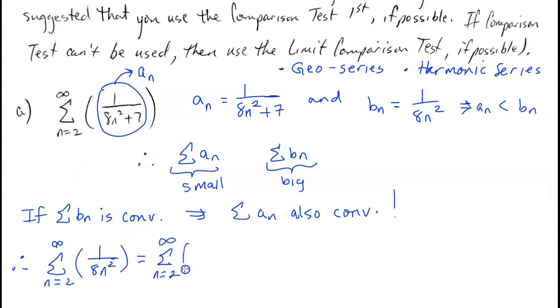So here, I know that this is going to look something like this. And I know I could factor out a 1/8, so I'm going to go ahead and do that now to make this look a little bit easier. So this equals, and we have this, okay? And so this is a p series.